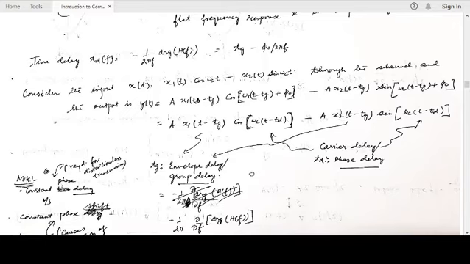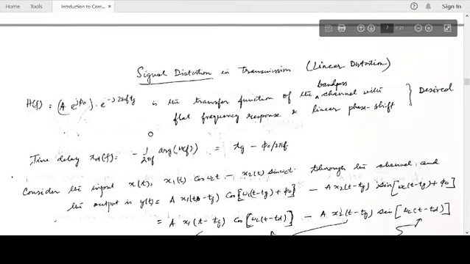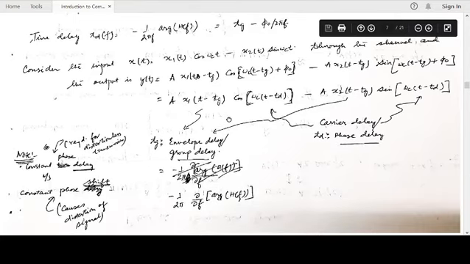Now, how is Tg related to the channel transfer function? It is minus 1 by 2 pi, del by del f, of the angle of H(f). If you take the derivative of the angle, we have a constant phase, and if you take the derivative, that vanishes, and you have 1 by 2 pi, this Tg term coming.